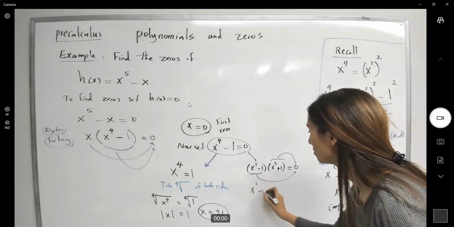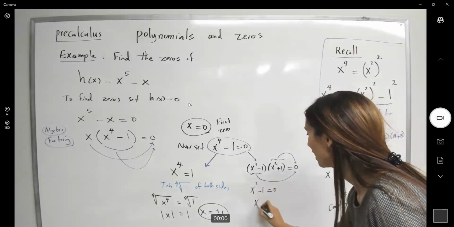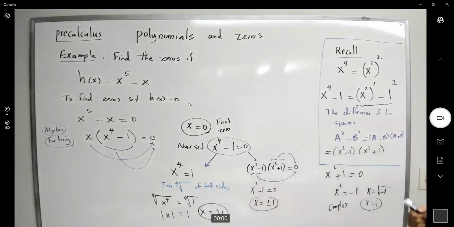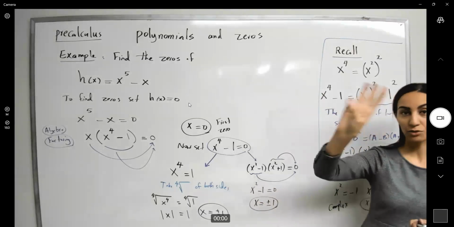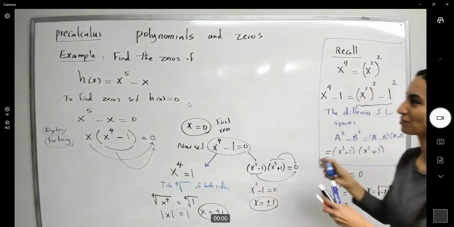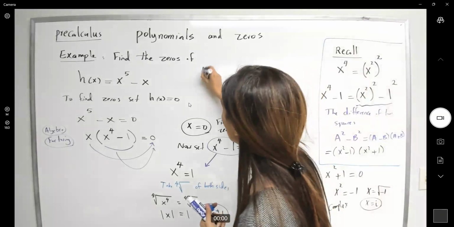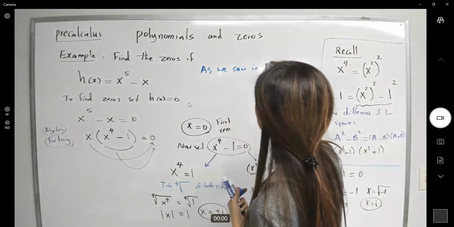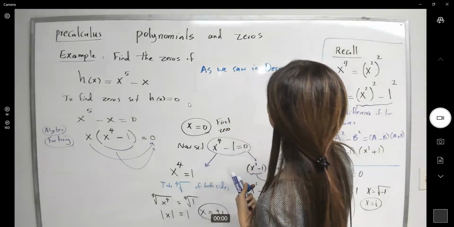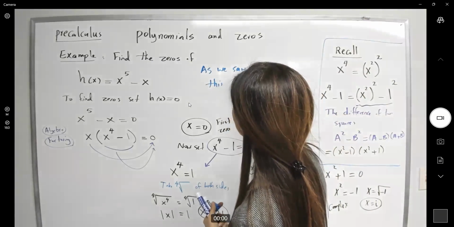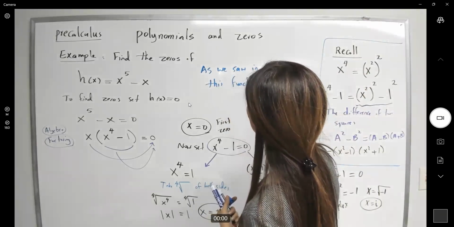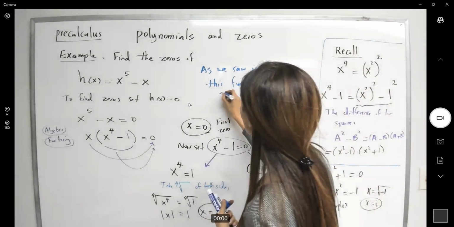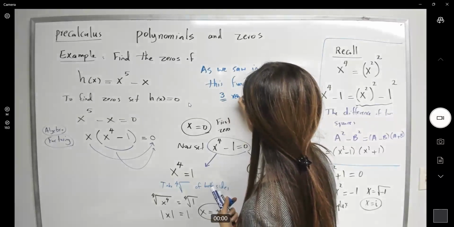You get x squared minus 1 equal to 0, x is plus or minus 1. So for this function, we have 3 zeros, as we saw in Desmos. This function has 3 real zeros.